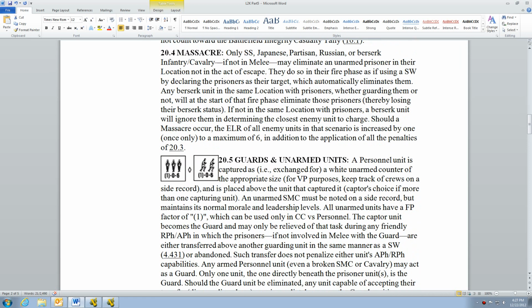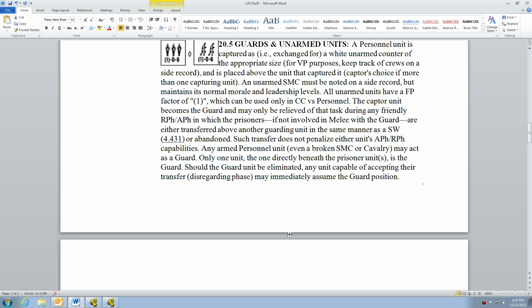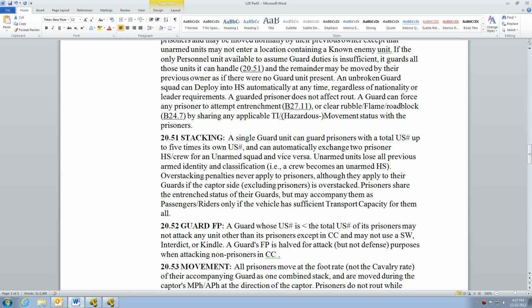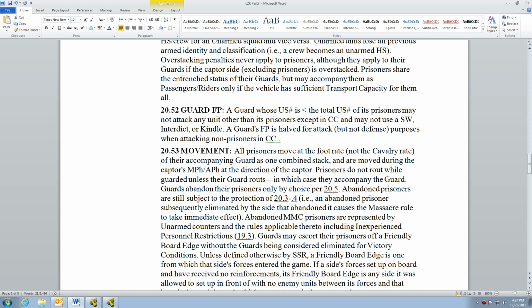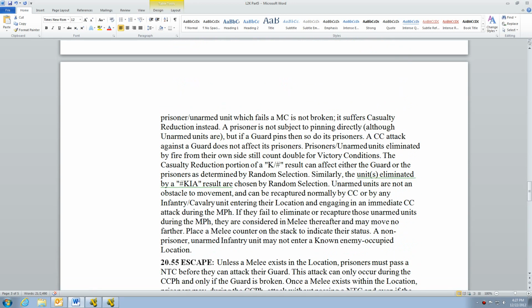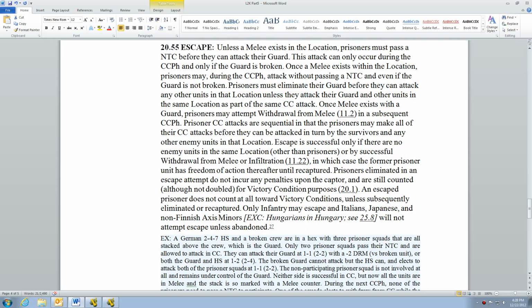I want to show you this since we're talking about the berserk units, and these rules tie in together. Maybe it's under the movement section here. Of course, I can't find it when I'm looking for it. That's just the way sometimes when you do live recordings, that's what happens. Alright, well, I'll find it later, I'm sure.